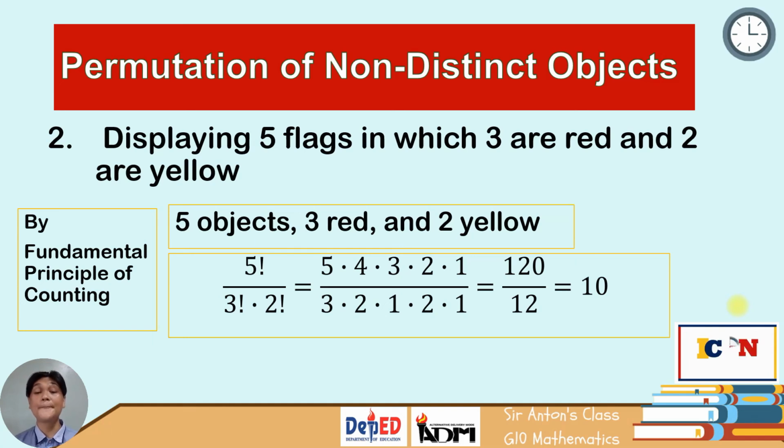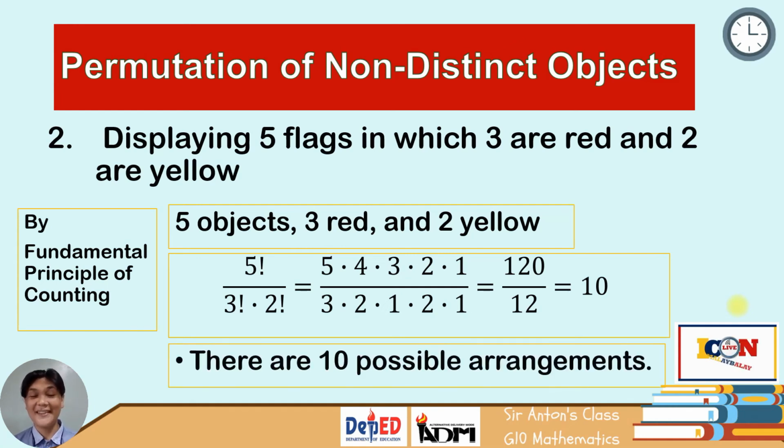So solving, 5 factorial is 120 divided by 12, because 3 times 2 is 6, then times 2 is 12, times 1, 12. So how many possible arrangements? There are only 10 possible arrangements. Okay, that's permutation of non-distinct objects.